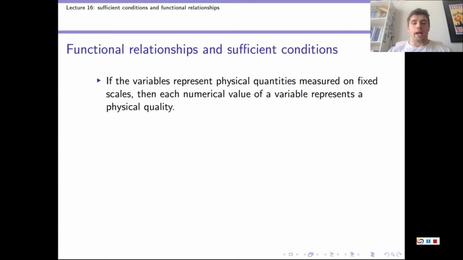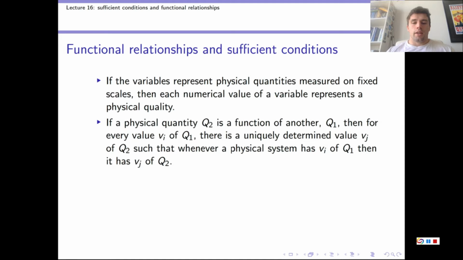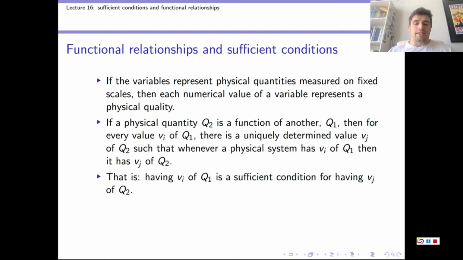Mathematically, we say this: if a physical quantity Q2 is a function of another, Q1, then for every value Vi of Q1, there is a uniquely determined value Vj of Q2, such that whenever a physical system has Vi of Q1, then it has Vj of Q2. And all that is to say that having Vi of Q1 is a sufficient condition for having Vj of Q2.